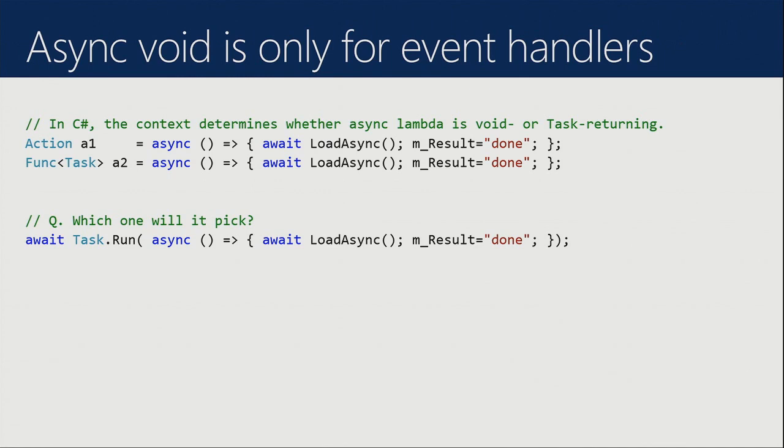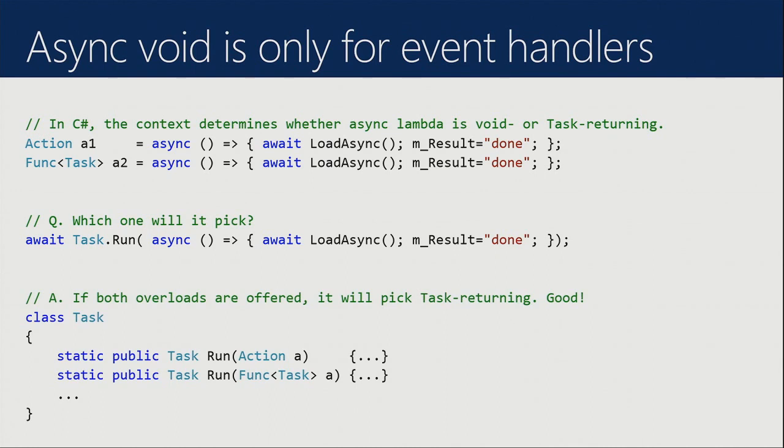So luckily, or maybe because we had a bit of foresight, a lot of methods that expect lambdas actually have overloads that deal with the fact that lambdas can be async. If you look at the overloads of Task.Run, there are two, actually more overloads.